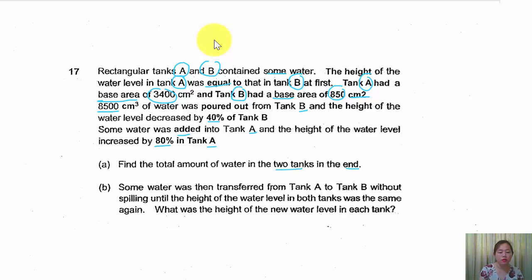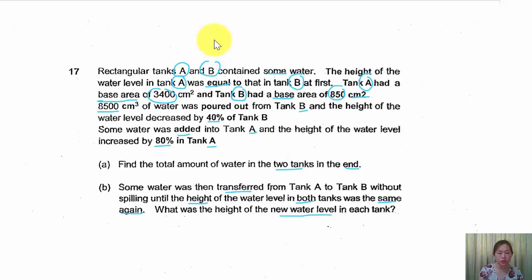B. Some water was then transferred from tank A to tank B without spilling until the height of the water level in both tanks was the same. Again, what was the height of the new water level in each tank?